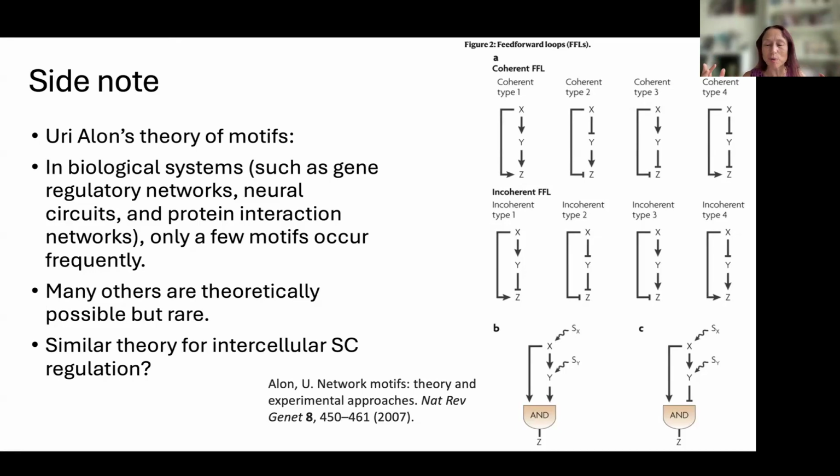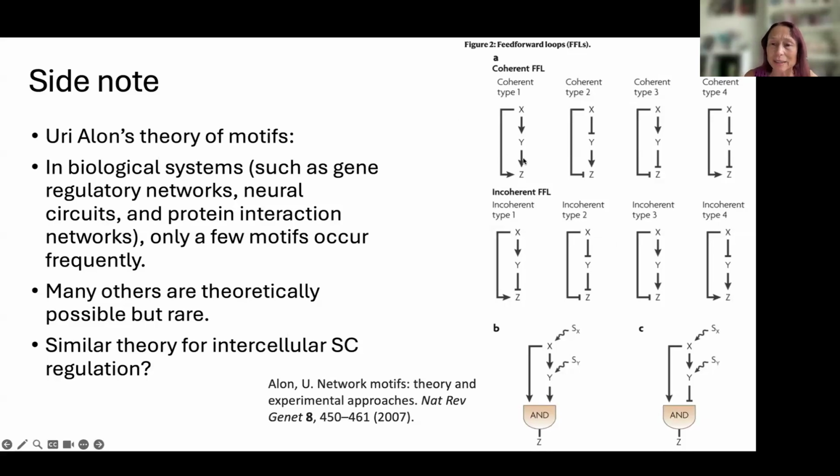There are many theoretically possible networks in the part of biology that we looked at, the communication among stem cells and their lineages. In the colon cancer work that I showed you before, we were able to narrow that down to only a couple. So we would like to see more of this type of work done to see if we can figure out what are the most commonly occurring networks of communication that exist in the world of stem cell lineages.